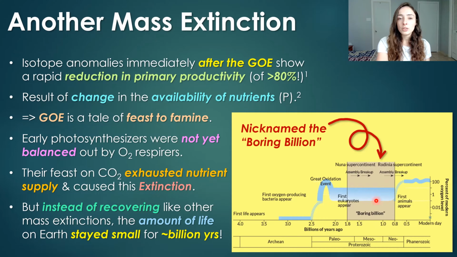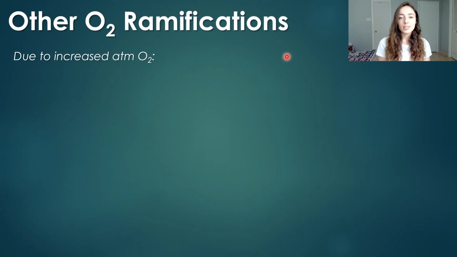And then that whole period was lack of recovery of organisms until boom, later in the Neoproterozoic, like 800 to 500 million years ago, you had an increase in life and biodiversity, and first animals appear, which balanced out the carbon and oxygen cycles, and it finally led to a world that is more similar to what we know today. There were other oxygen ramifications, however.